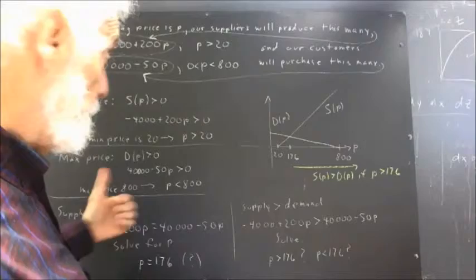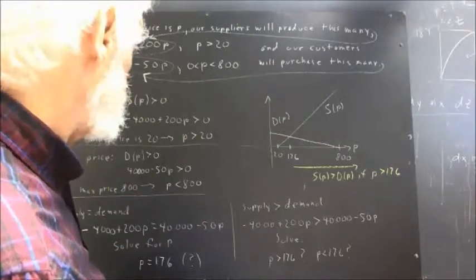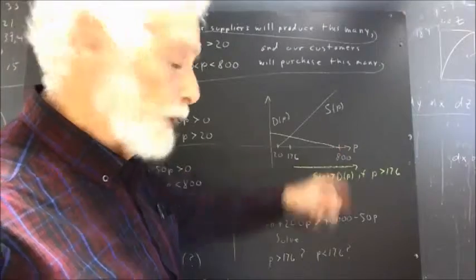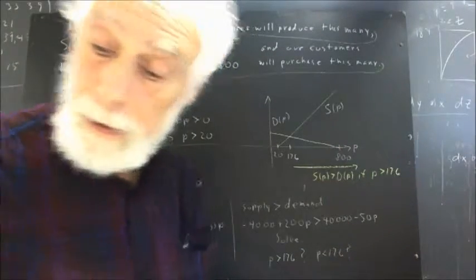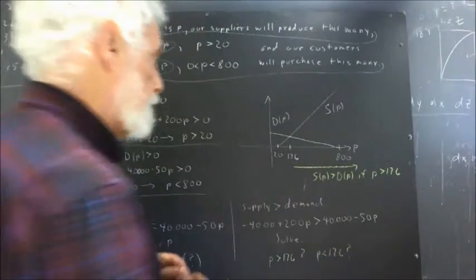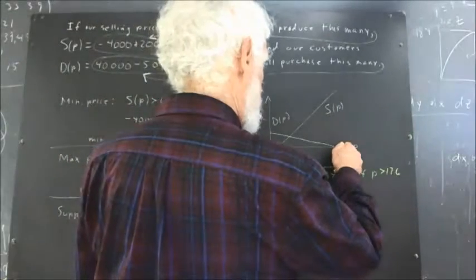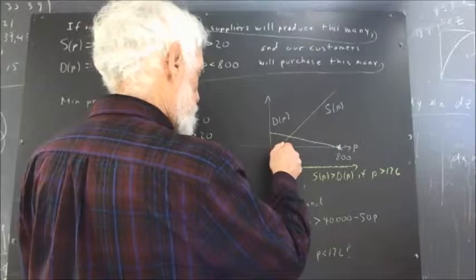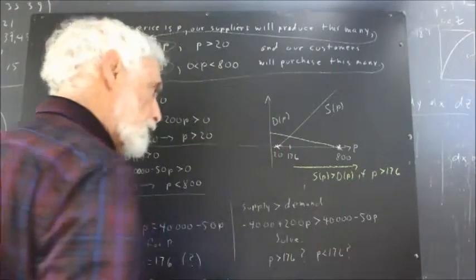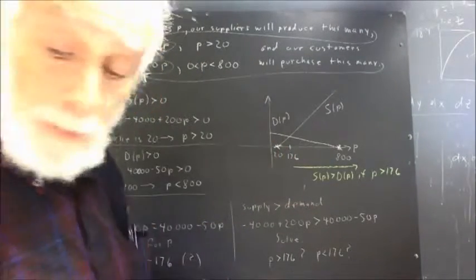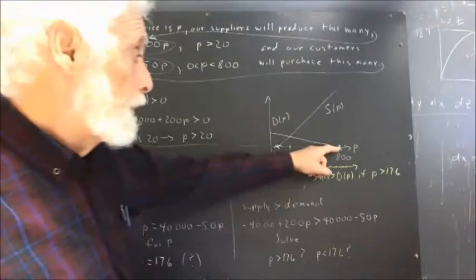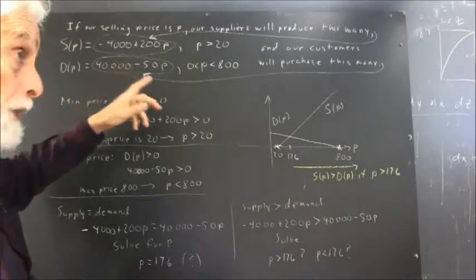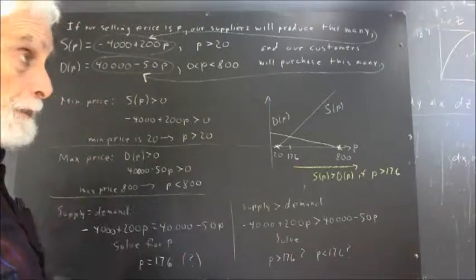Then for the demand function, I know that demand is 0 when P is 800, so I know this point on the graph. Let's indicate that as the point I know on the graph. And let's also indicate this as the point I know on the graph of the S of P function. So it's got this point on the graph, and it's got a slope of negative 50.